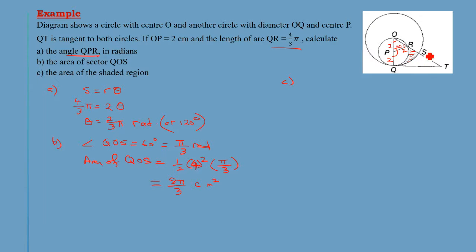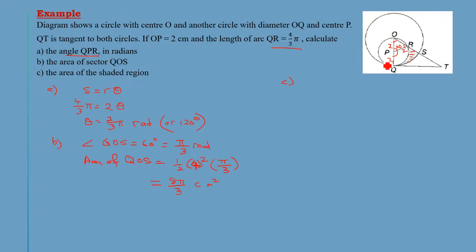Okay, now part C is the shaded region. What can you see here? You see a bigger sector here, which we already found, QOS, minus this region inside here, and you will get the area of the shaded region. So recall your triangles.